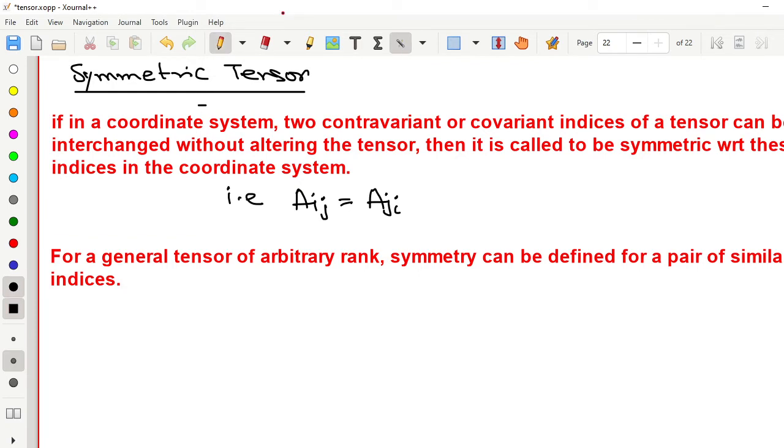Please underline similar indices. What is similar indices? Let me go a bit more. A element ijk, একটা জেনারেল টেনসর নিলাম, বেশ বড় সড়ো, it's a tensor of very high dimension.